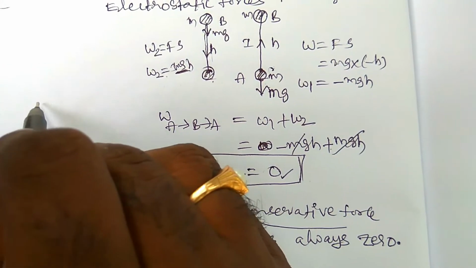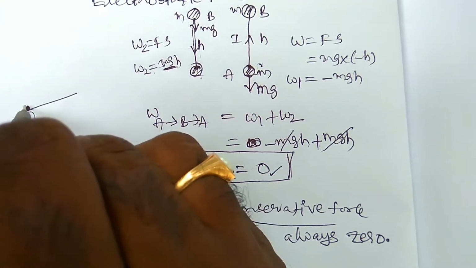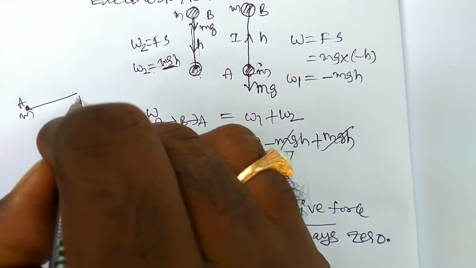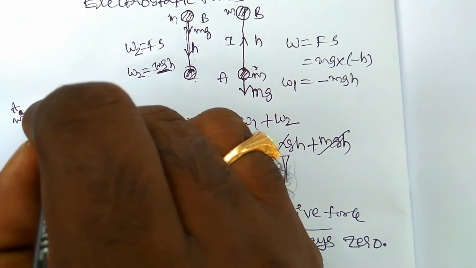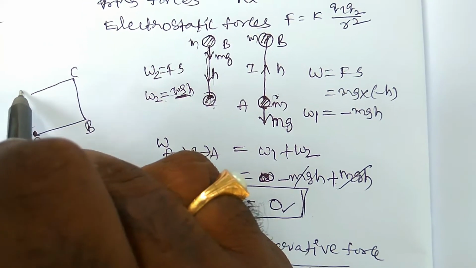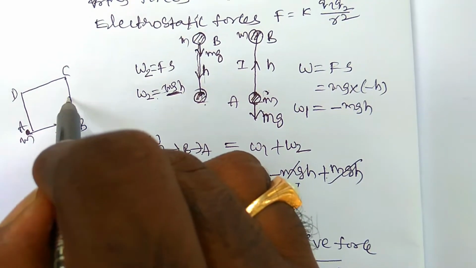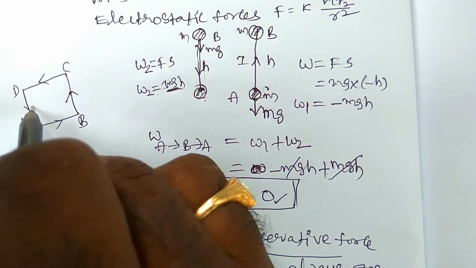Okay. For example, if a body of mass m is at the location A, it can move from A to B, and also B to C, and C to D, and finally it comes back to A. So this is the path of the body which is moving.